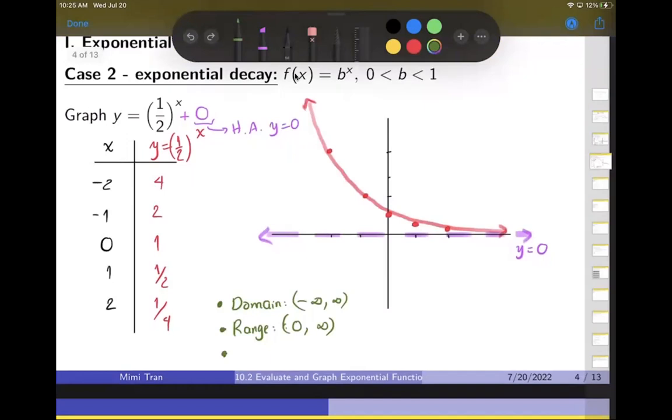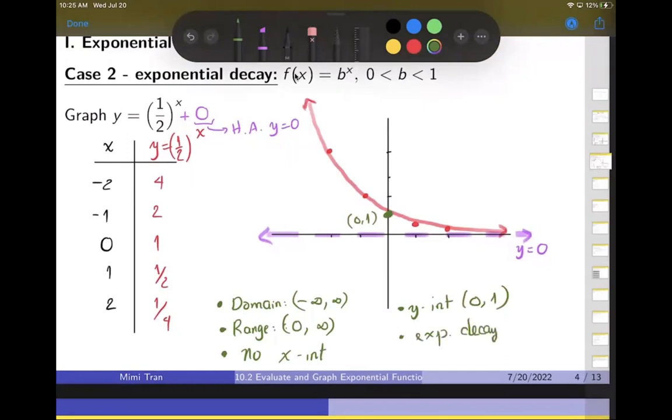No, there's no x-intercept. Again, we don't touch the x-axis. The y-intercept is 0, 1, right here. And it is called exponential decay.